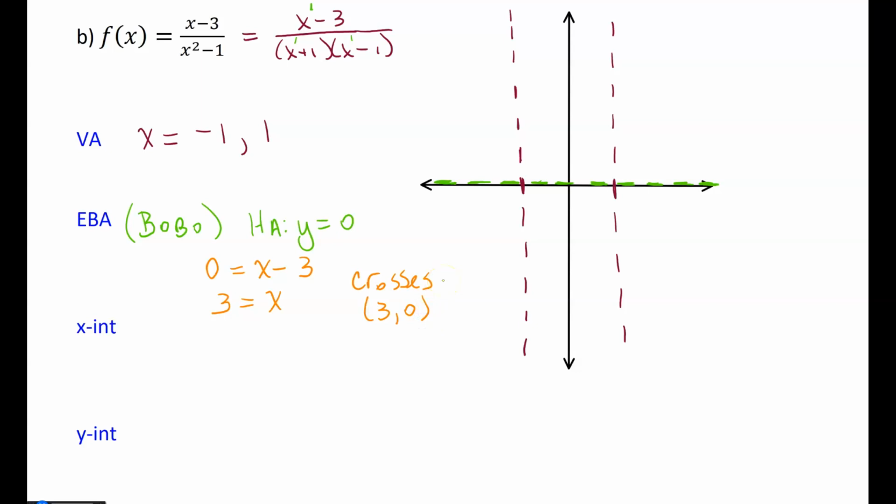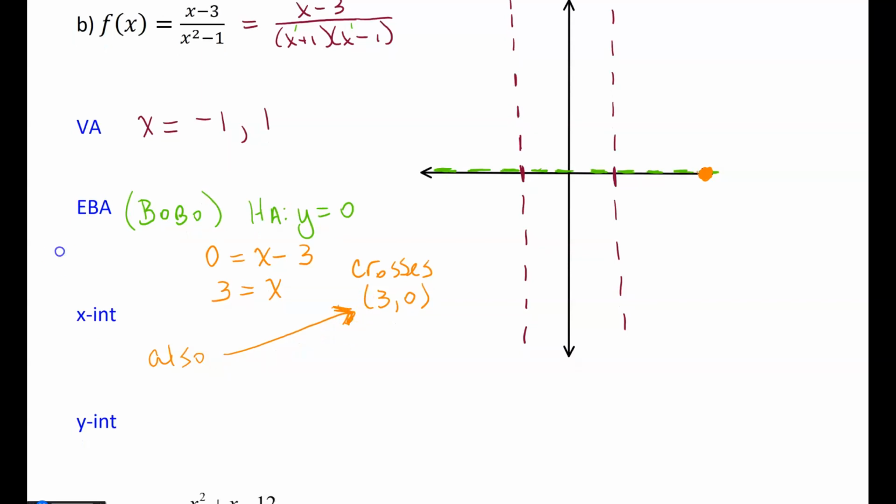I'm going to go ahead and plot that. That's about there. And the nice thing about that one is that was also the x-intercept. So we kind of took care of 2 things at one time. All right, we should be happy when we take care of 2 things at once.